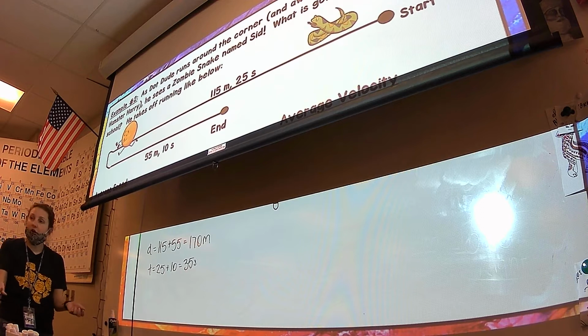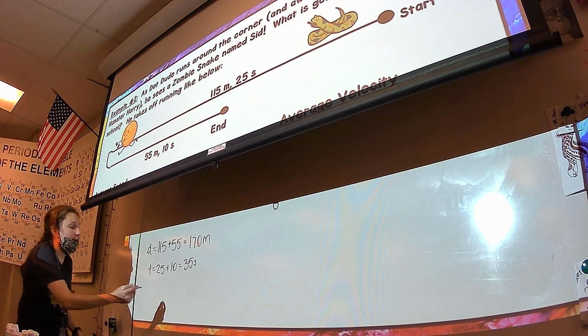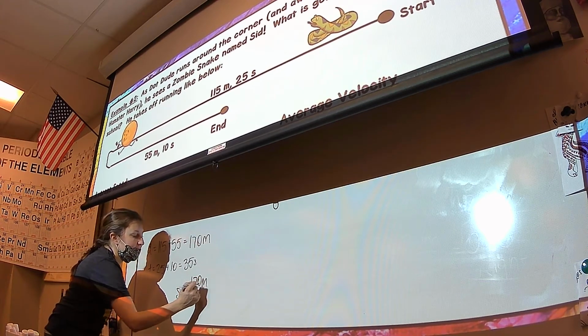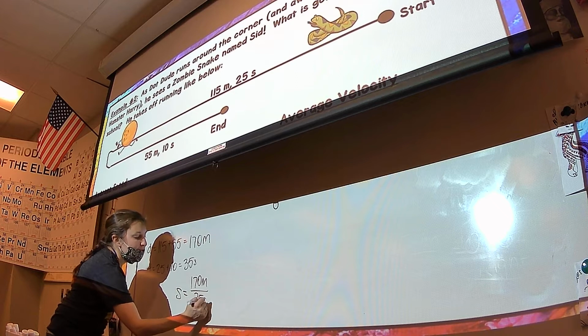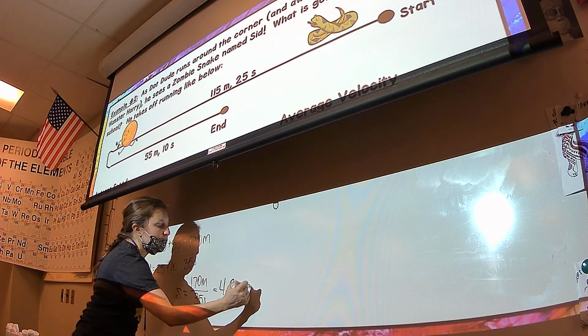And then how do I solve for speed? Distance divided by time. I know this is getting repetitive, but if we can get it down, that'll be great. 170 divided by 35, it's the same as the one above. 4.86 meters per second.